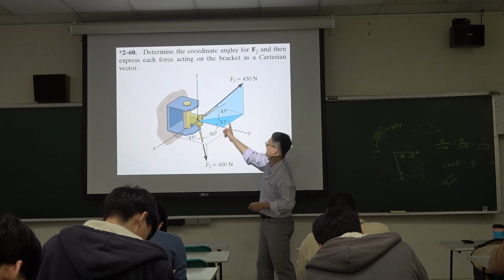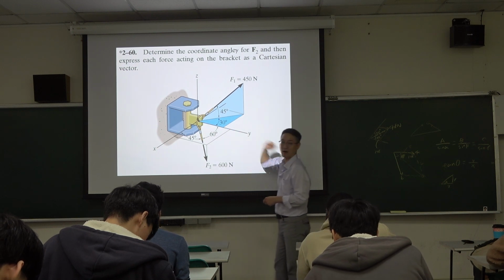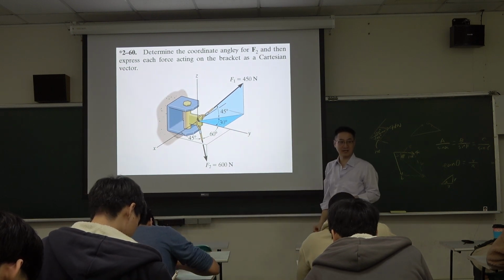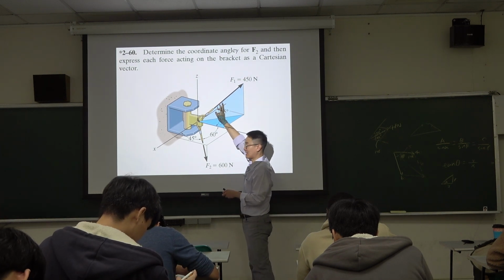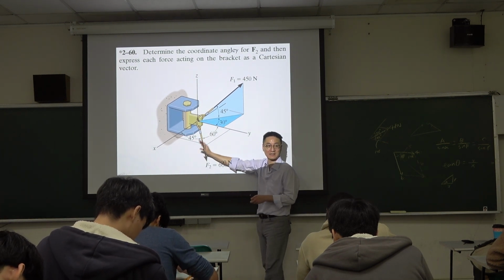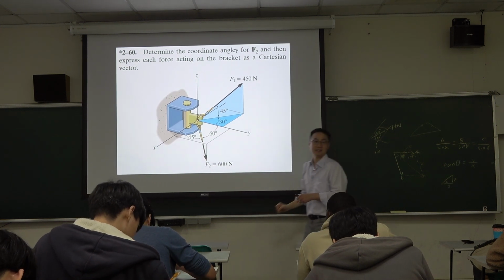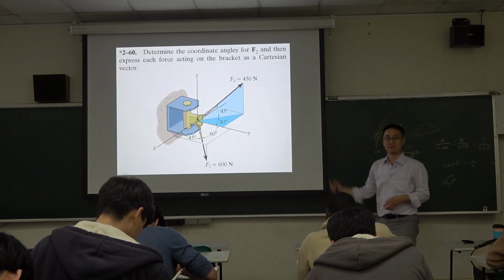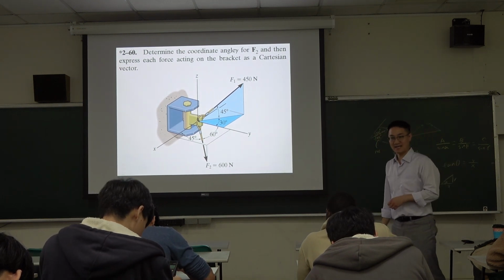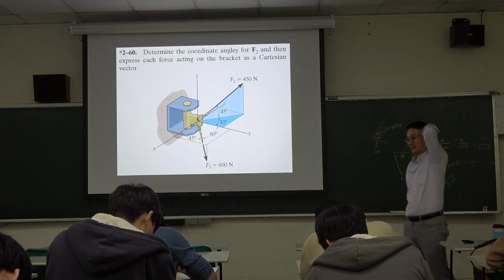The same here, we already know the angle, so we can also represent the result using a Cartesian vector. So we have F1 expressed as a Cartesian vector, F2 expressed as a Cartesian vector as well. Plus them together, so they are the acting force on the bracket. Okay? Clear?